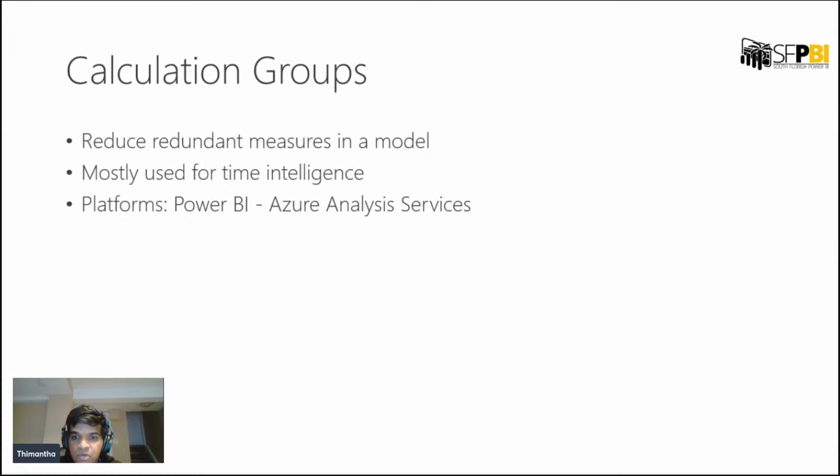So that's something to really keep in mind as well. That's a bit about the platforms you can use calculation groups with. In this session, we'll be discussing calculation groups with Power BI. We'll not be focusing in detail on Azure Analysis Services or SQL Server Analysis Services.